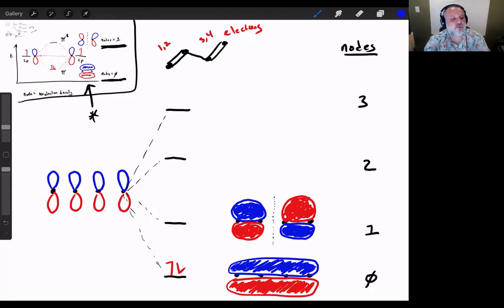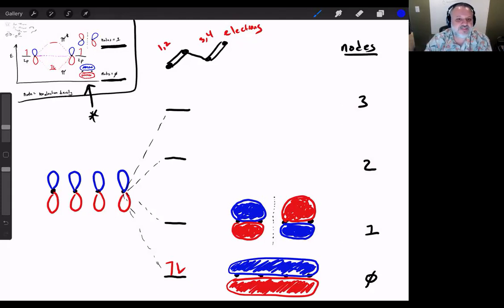So Chelsea asked the question, why does a node trigger a change? This is a question that's essentially rooted in the mathematics, and the answer to what I think you're getting at the heart of is really beyond the course. At the end of the day, we're taking atomic orbitals and doing what we call a linear combination of atomic orbitals, and we're forming molecular orbitals. This is, to put it bluntly, some math tricks.